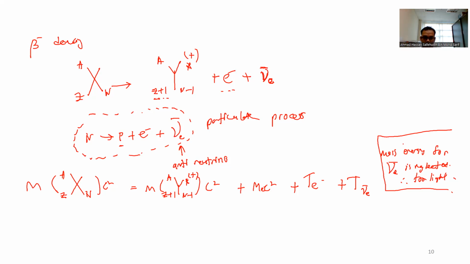So this is not yet the final shape of the decay equation. This guy here is originally the neutral Y nuclide, then that with an electron removed.